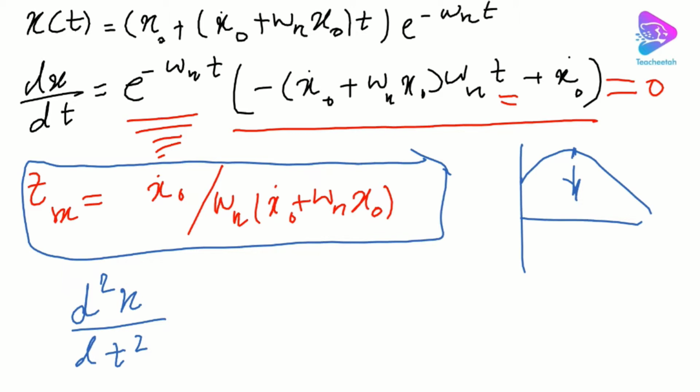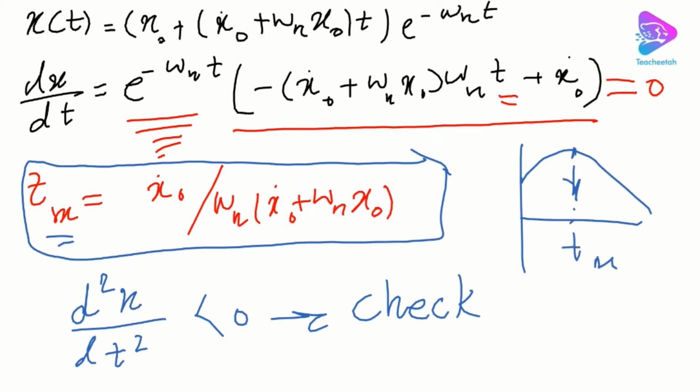If we want it downward, we need to ensure that at this tm it is downward, right? So let's check that and ensure that we get a max at tm, right?